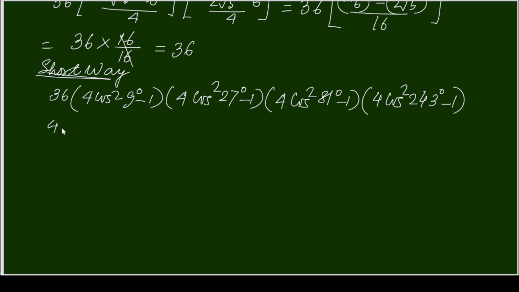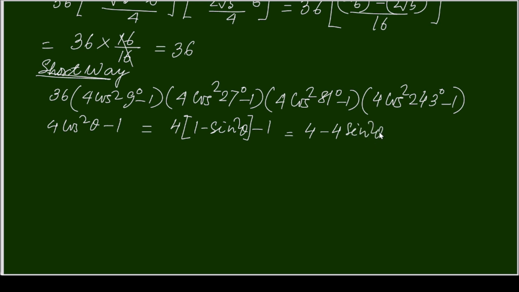I'll write 4 cos square theta minus 1 equals, I'm converting this into sine, so it will be 4 times 1 minus sine square theta, minus 1. It will be 4 minus 4 sine square theta minus 1, which is equal to 3 minus 4 sine square theta.